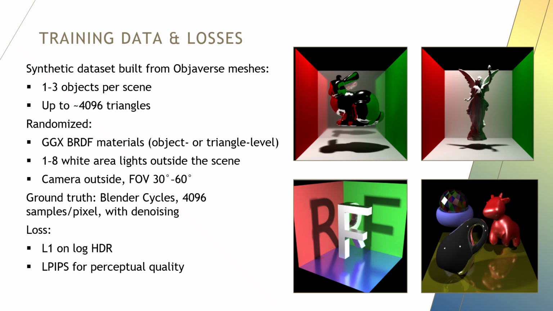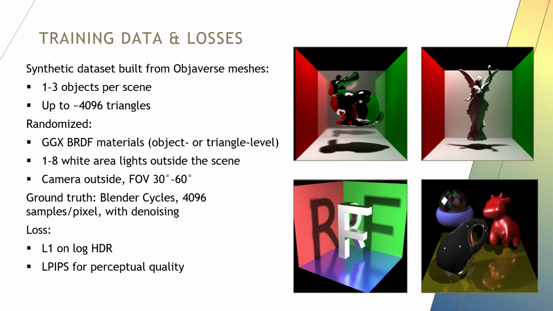Reference images are rendered with Blender Cycles at 4096 samples per pixel, using adaptive sampling and denoising. The network is trained end-to-end with an L1 loss on log-encoded HDR values, plus an LPIPS, learned perceptual image patch similarity, perceptual loss.